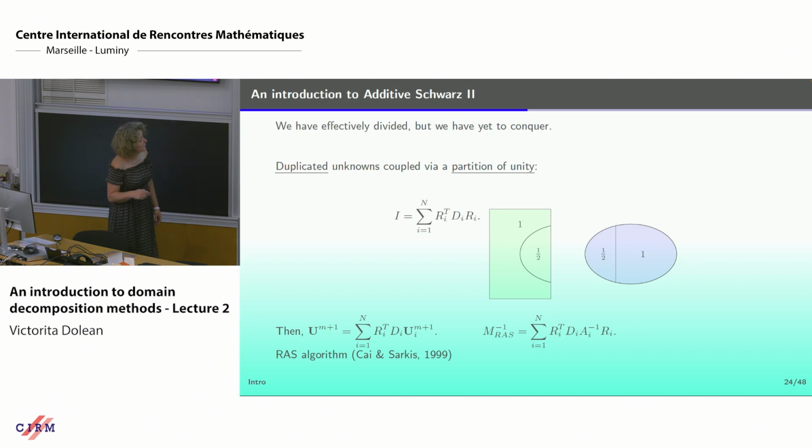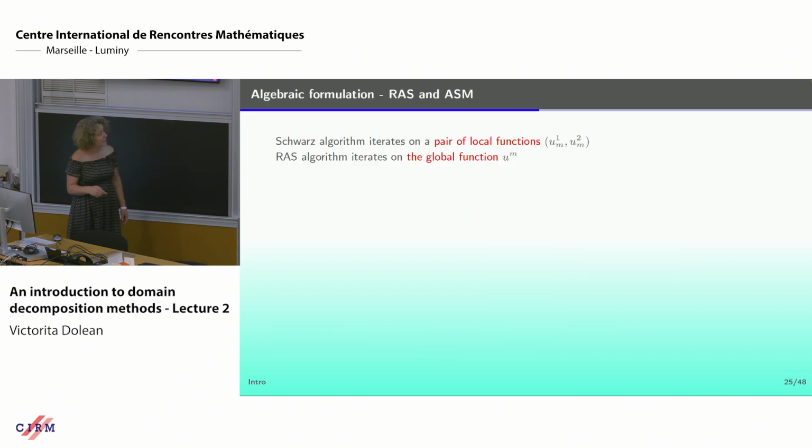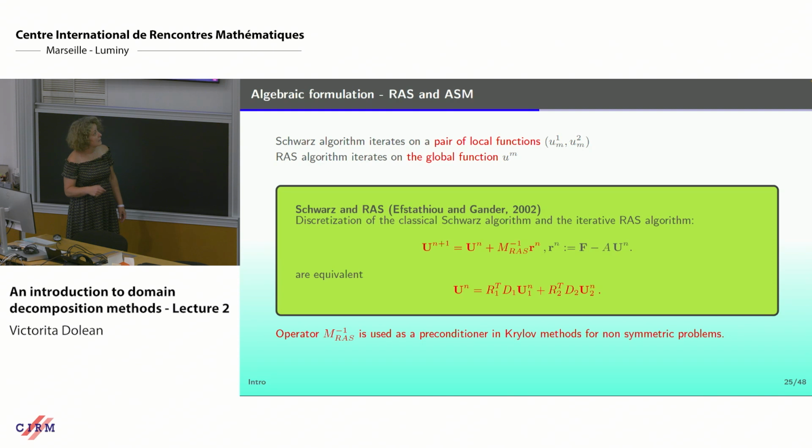Now there is another thing. You will see that after rewriting everything at the global level, that means you update the solution at the iterate n by, as I said, applying the restriction to the residual, solving internally, and extending, right?